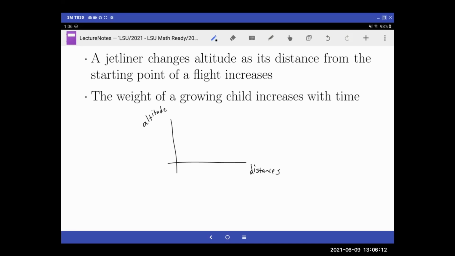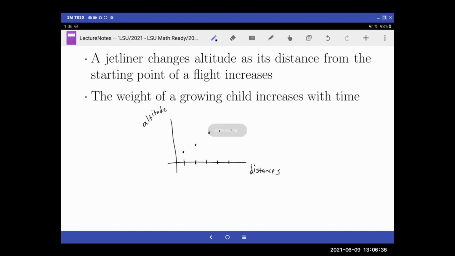If the plane is taking off, as its distance from its starting point increases, the altitude will change as well. So that could be one function. We just represented something in words graphically.